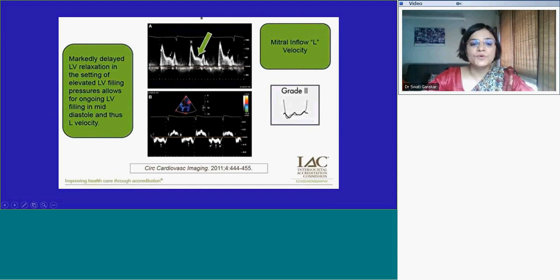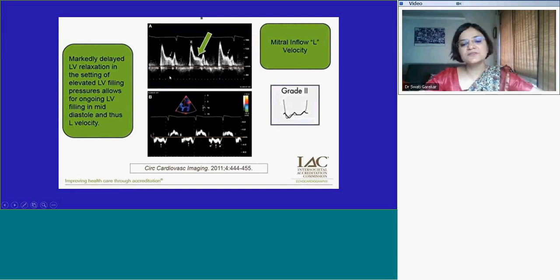The PWD Doppler of the mitral valve shows an E and an A wave, and in between, when there's diastasis, you actually see some flow happening. When this doesn't touch the baseline, and the other parameters are in agreement, then you can come to a conclusion that there is diastolic dysfunction.